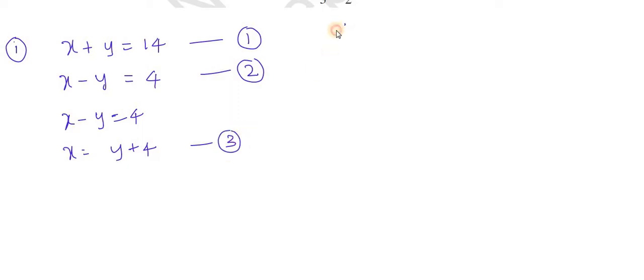Now what will you do? Substitute equation 3 in equation 1, not equation 2. You should not substitute in equation 2, you should substitute in equation 1. Suppose you got this x value from equation 1, then you can substitute in equation 2. You should not substitute in the same equation.